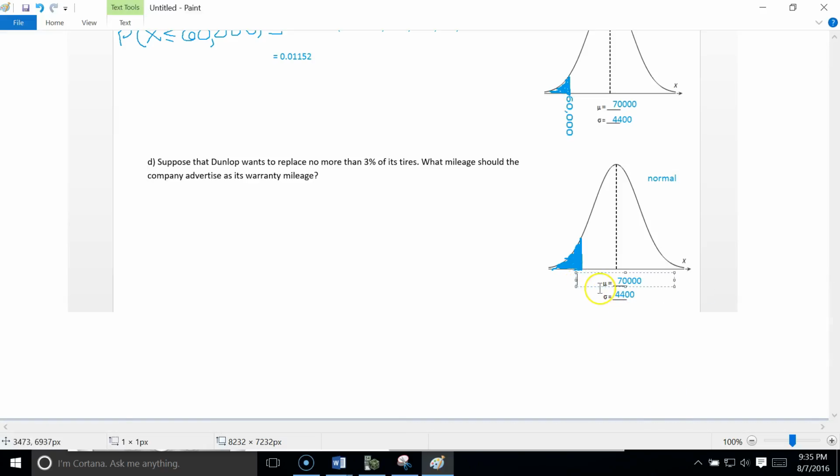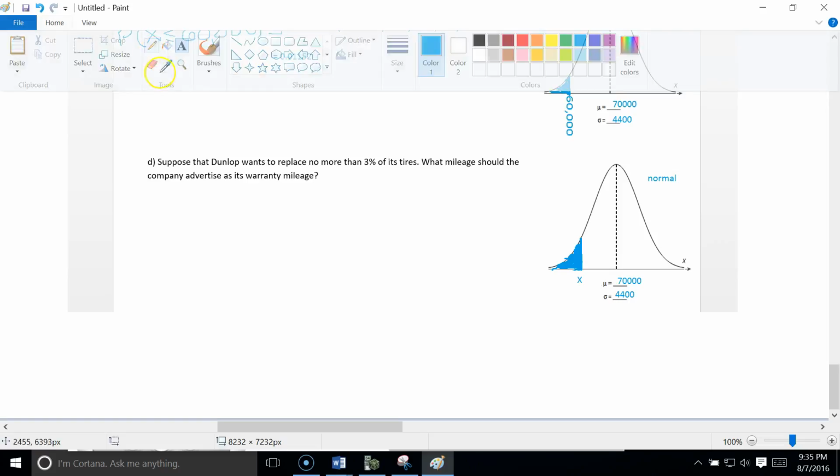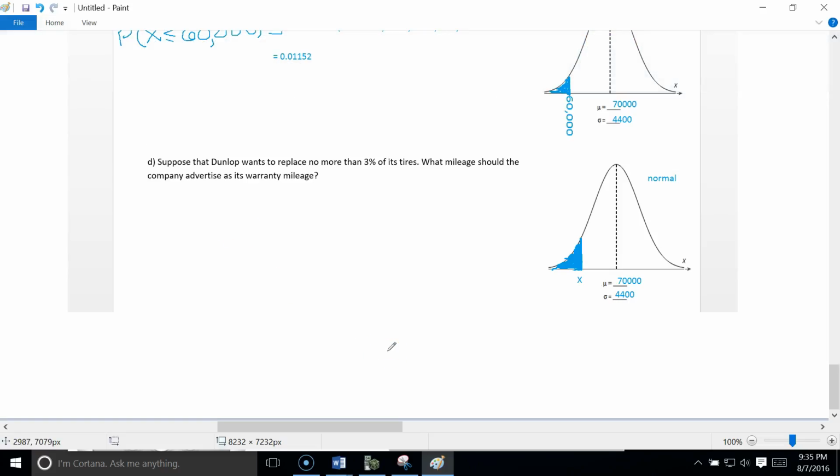And this is what we're after. We don't know what this is. Let's call it capital X here. I want the X value that separates the lowest 3%. So let's label this as 3% of the data.